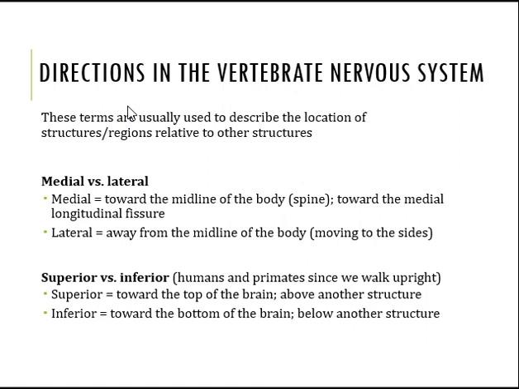And they are closer to the medial longitudinal fissure, which is the main fissure that separates the left and right hemispheres of the brain. Lateral is the opposite of medial, meaning that it's away from the midline of the body or moving toward the sides. So, medial is your spine. Moving laterally, you're going toward your fingertips because they can reach outward far, far away from the spine.